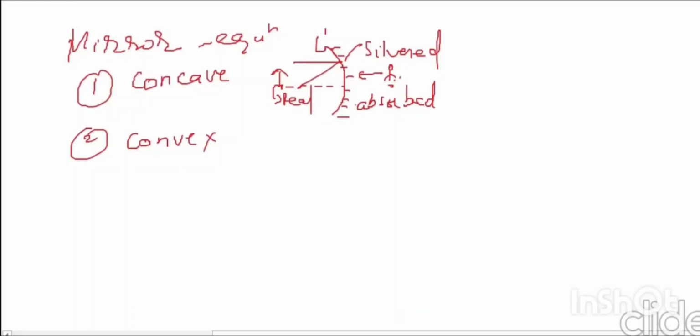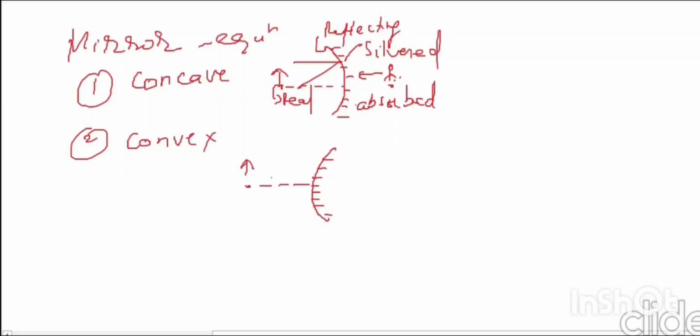This is the reflecting surface. The other side you cannot place a real object. And convex will be like this. In a convex mirror the silvering is inside, so you can place the real object this side.